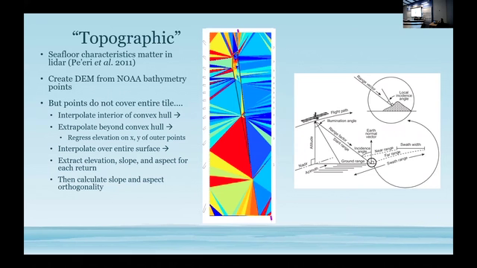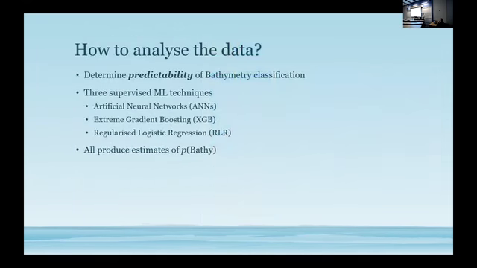For example, up here, if I have a pulse that comes in perfectly orthogonal to the slope and also to the aspect, that's potentially different in reflectance characteristics than something where the slope is like that, or that, or that. So I can extract additional information from that for each pulse.